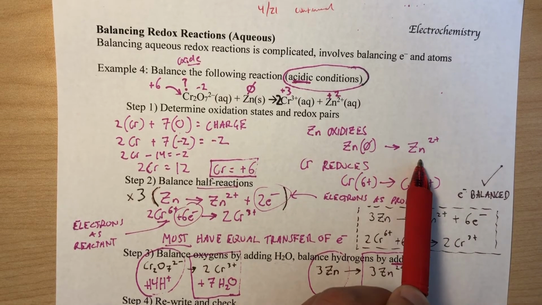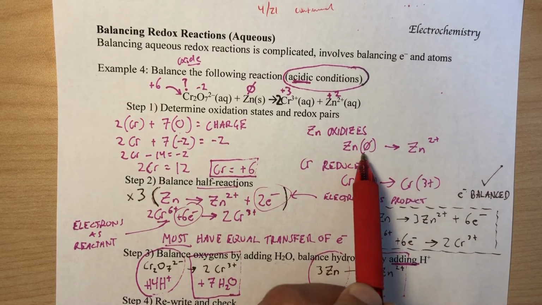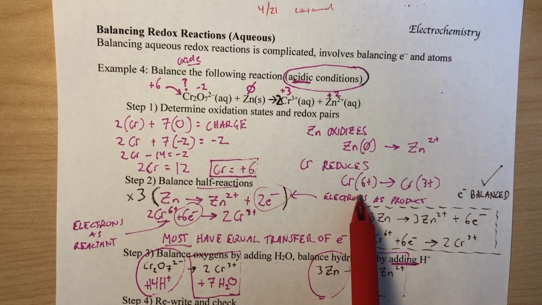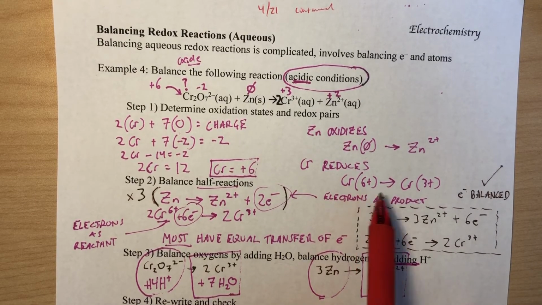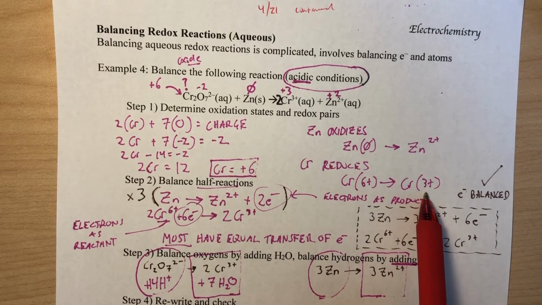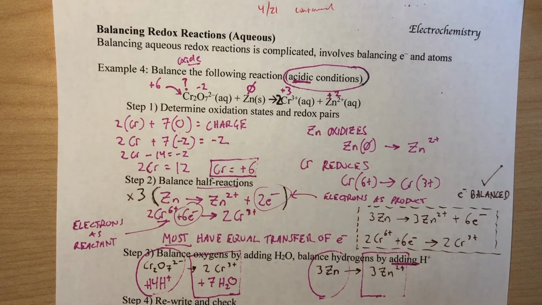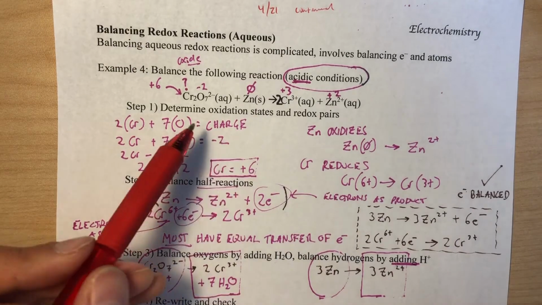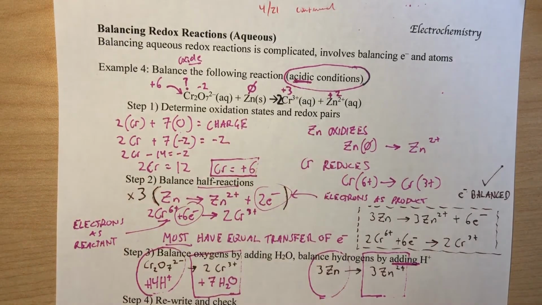It has become more positive, so it has lost electrons. That is the OIL in OIL RIG. Oxidation is losing. Chromium is being reduced. It's gaining electrons to lower its oxidation state. So we go from chromium 6+ down to chromium 3+, because it has acquired 3 electrons. So we have identified the oxidation states in redox pairs.